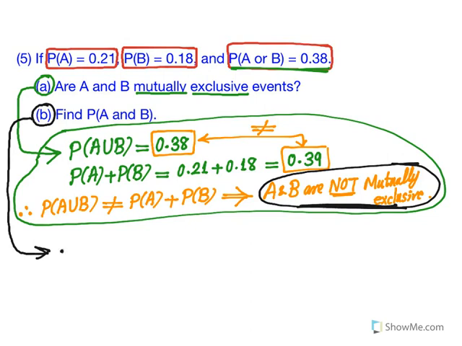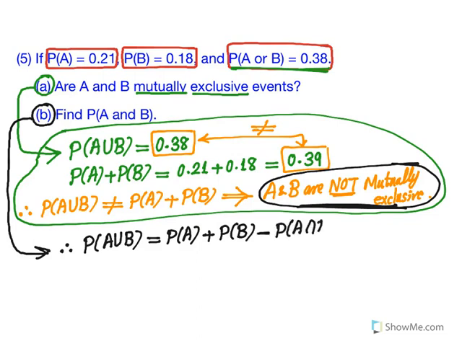So you can say, because they are not mutually exclusive, therefore probability of A or B is the same as probability of A plus probability of B minus probability of A and B. And notice which of them are given.